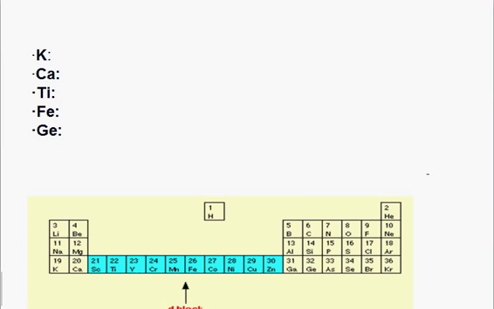Alright, let's look at more complex electron configurations and orbital diagrams. So notice that I'm going to be looking at potassium, which is down here on my 4th energy level. And notice that I've filled quite a bit.